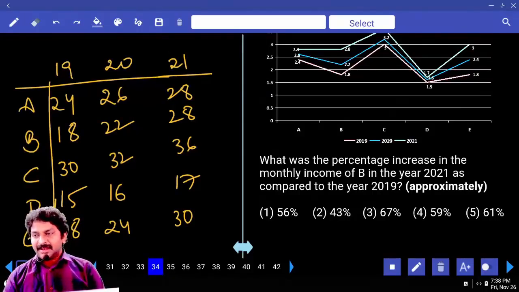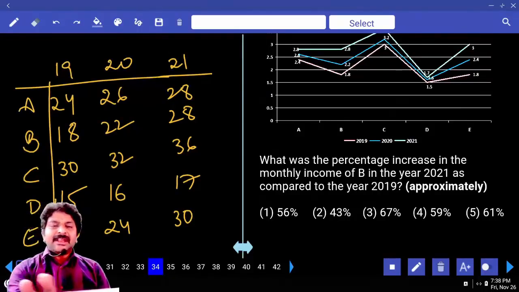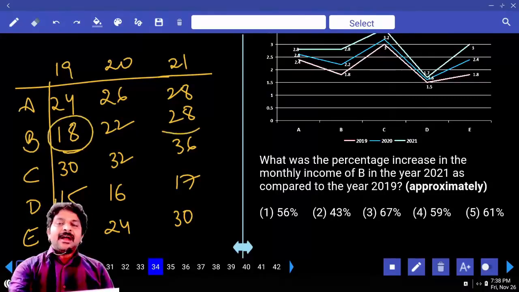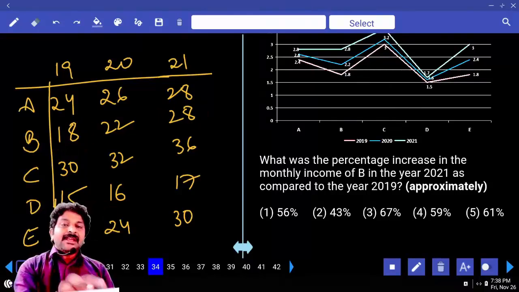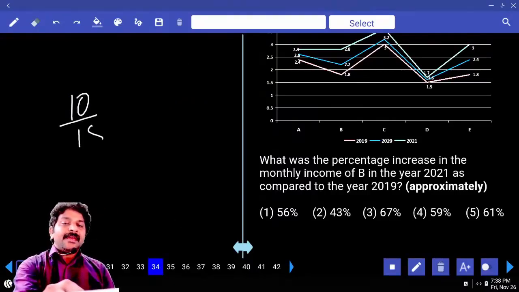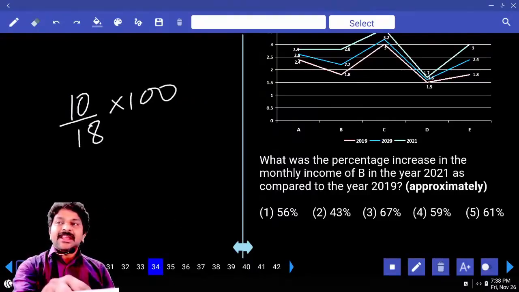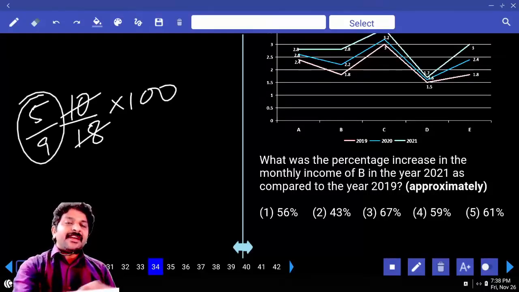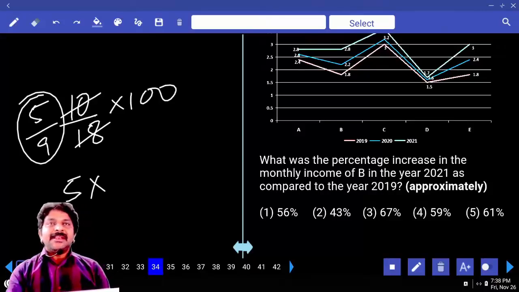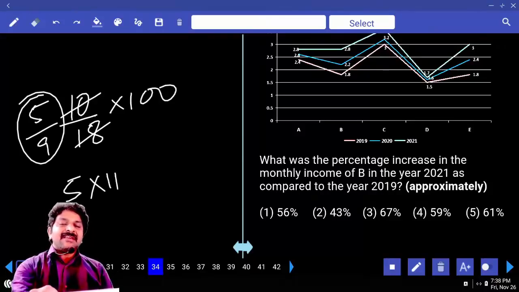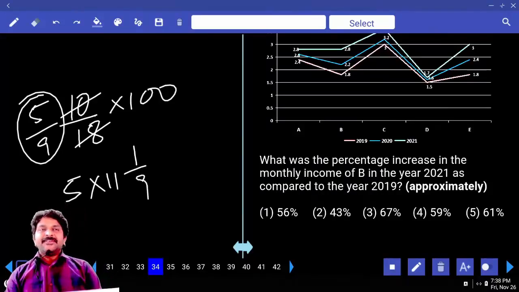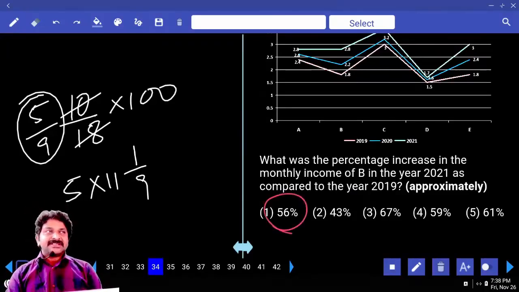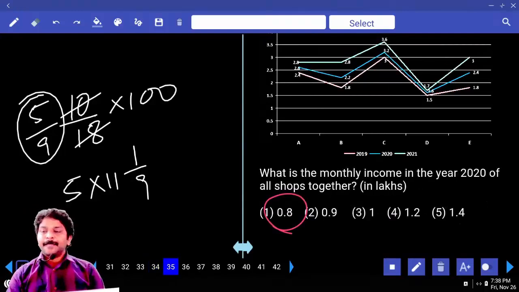B in 2019 was 18 and in 2021 28, increased by 10. 10 increased from 18, percentage, so into 100. 5 by 9 into 100, that is 55. 5 by 9, approximately 56.